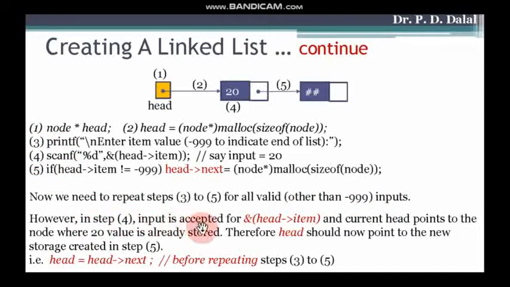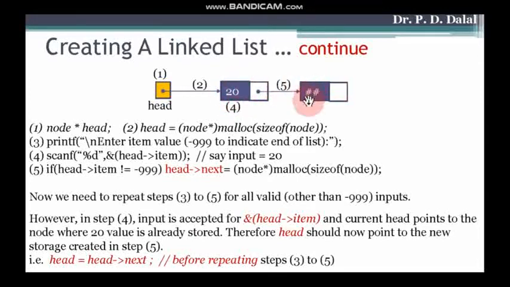However, in step 4, you see that input is accepted for head arrow item. So here we have head arrow item, and we scan the value. Now for this node, if we repeat the steps and scan the value at head arrow item, it will override this 20.